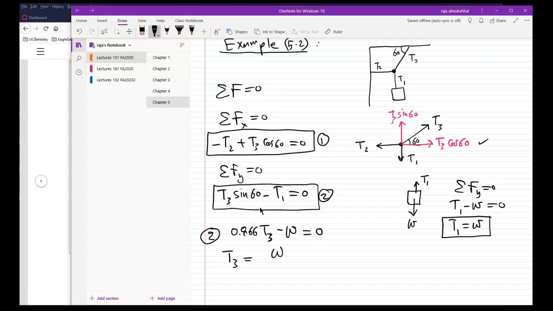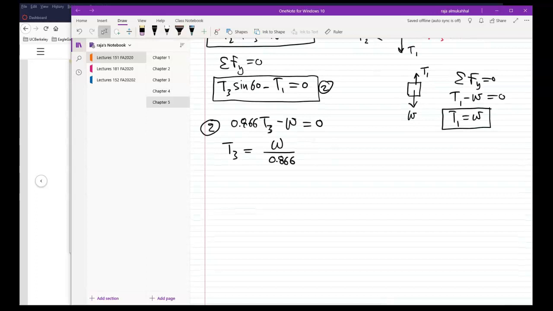T3 is equal to W over 0.866. And I just need to solve for that. I'm using my calculator here. So 1 divided by 0.866, answer 1.15. So therefore, T3 is equal to 1.15 W.